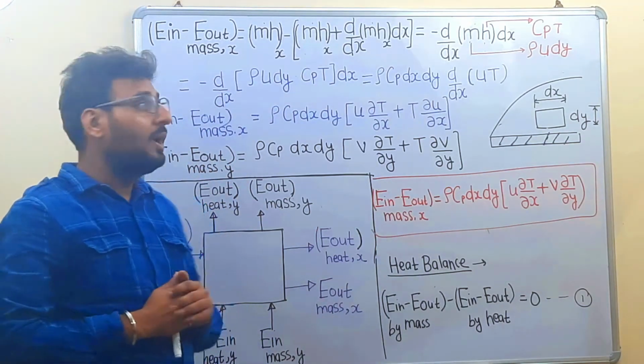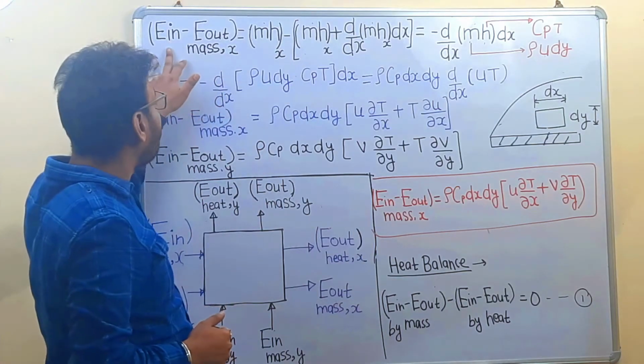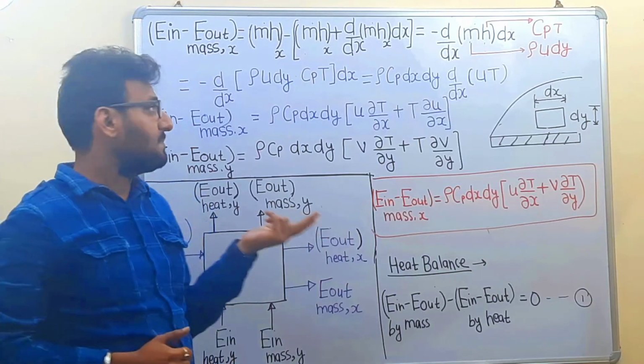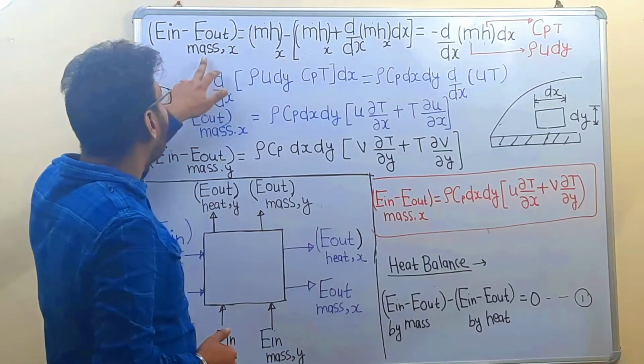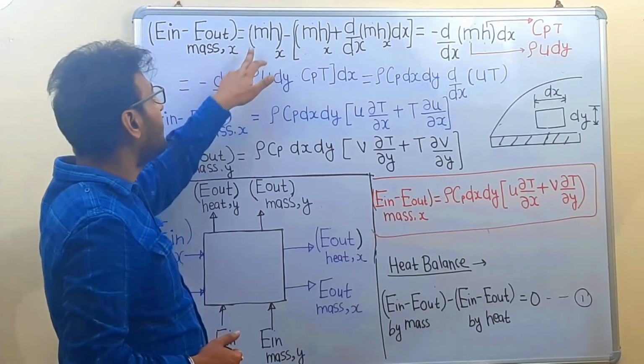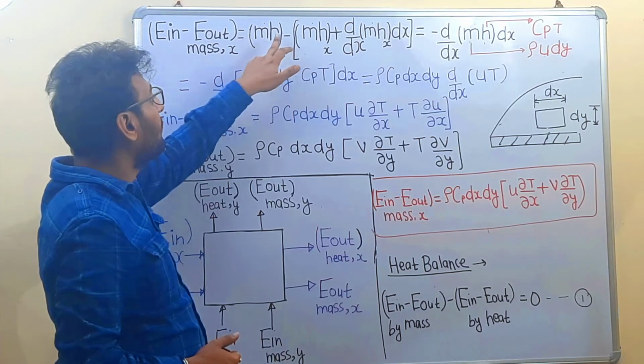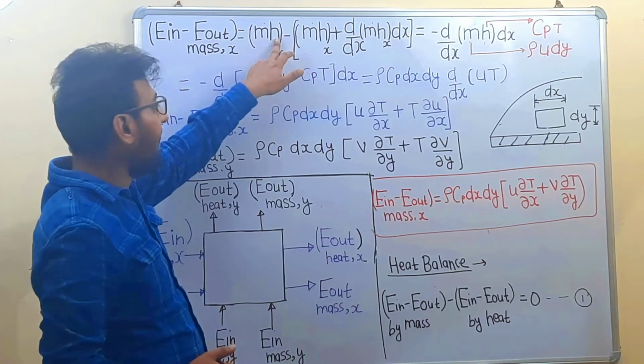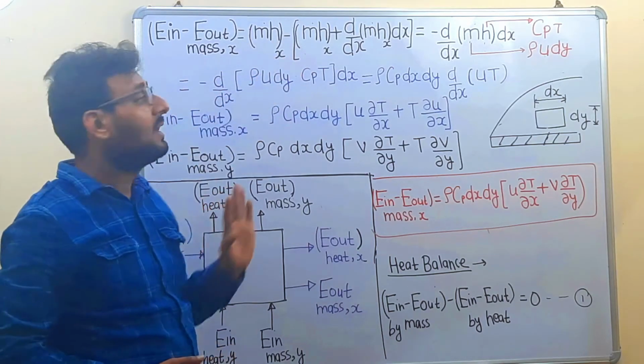As we already know, energy associated with mass is given by the enthalpy of the substance. So energy in by mass in x direction is mass flow rate times enthalpy per unit mass, which is small h in x direction.